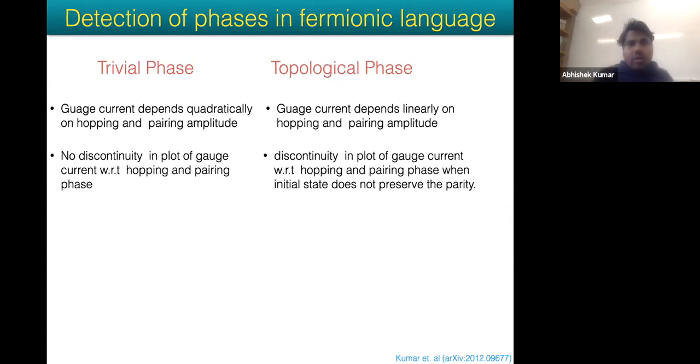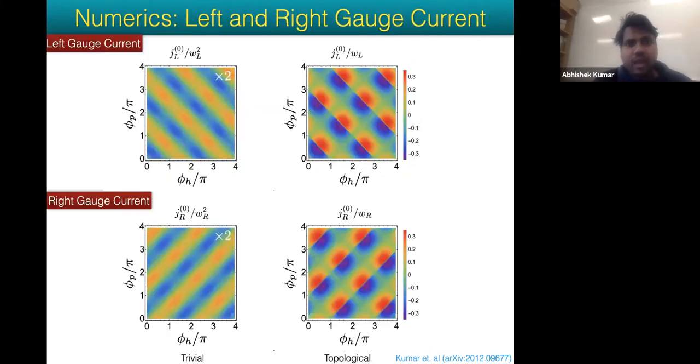Having derived this analytical result, now I'll focus on the numerical parts, which validate those results. Here I plot the left and right gauge current, scaled with respect to WL square in the trivial case, and in the topological one I have scaled it with respect to WL.